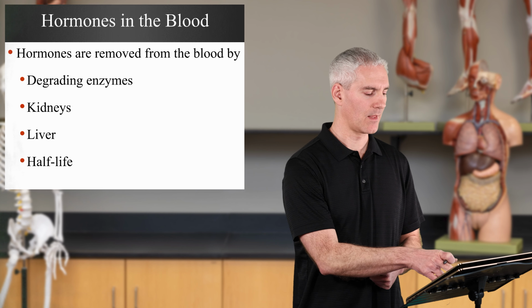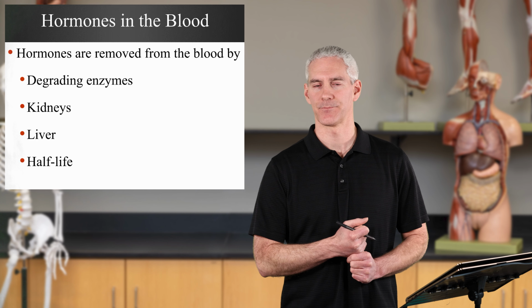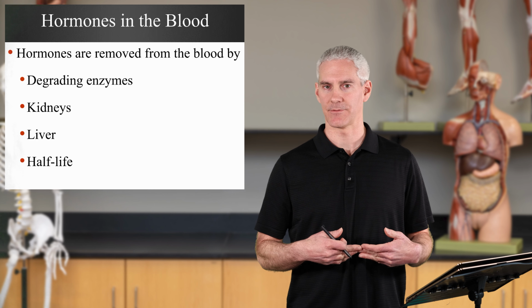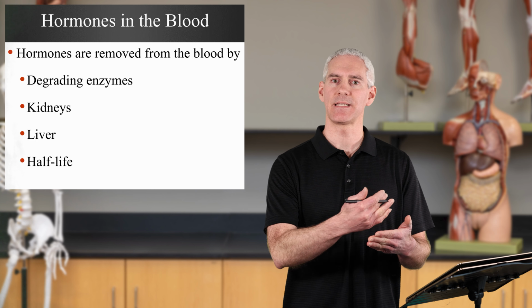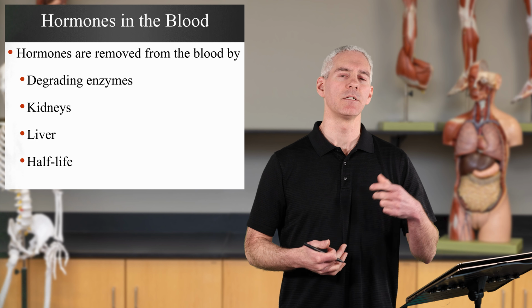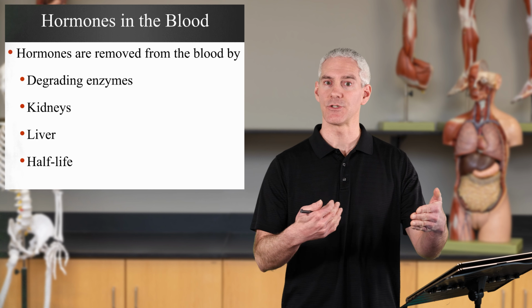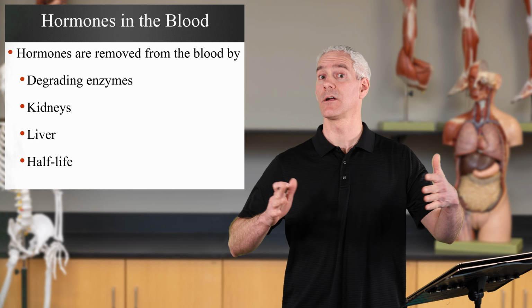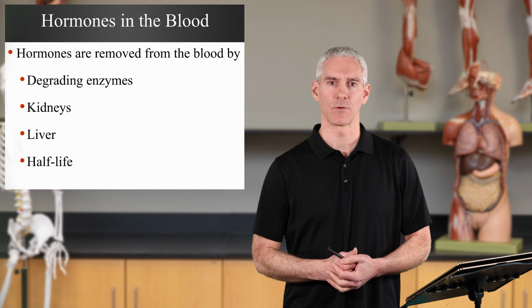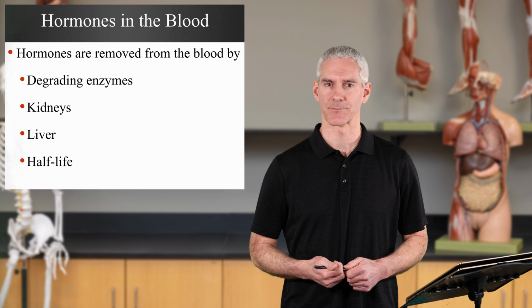And then half-life. Any chemical in your body has a half-life. The amount of time it takes for half of those molecules to be broken down. Some hormones have a short half-life, some have a longer half-life. But it's the natural breakdown of the hormones as they're circulating through the blood.